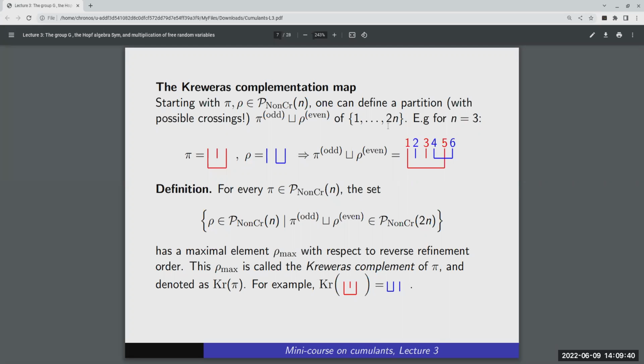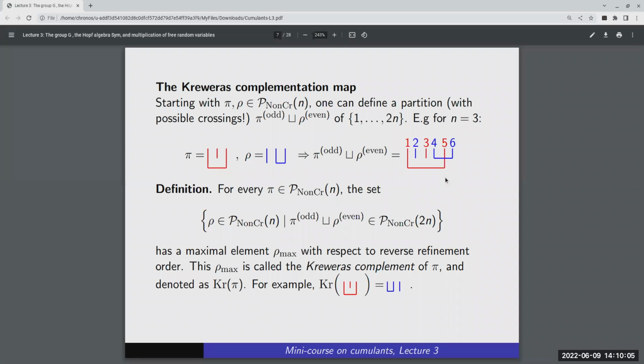Of course, this may or may not be non-crossing. For instance, in this example, pi becomes the partition which groups 1, 5, and 3 is a singleton. Rho has 2 as a singleton and 4 and 6 together. Even though pi and rho separately were non-crossing, the aggregate has a crossing.